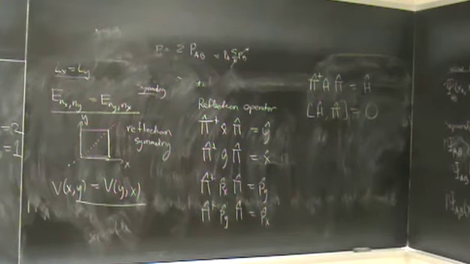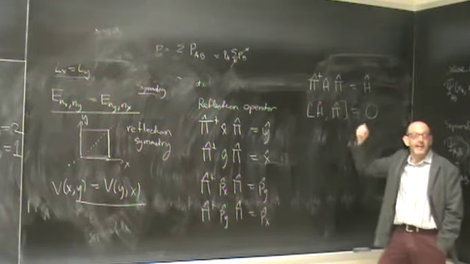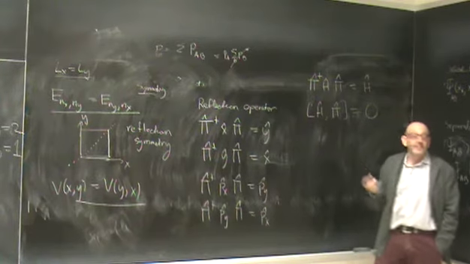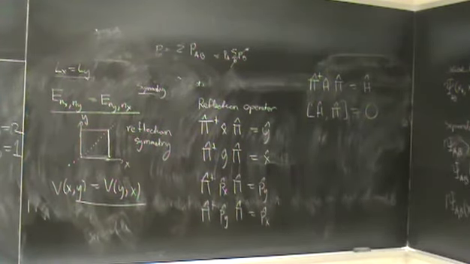Which means that there exist simultaneous eigenfunctions of the reflection operator and the Hamiltonian.